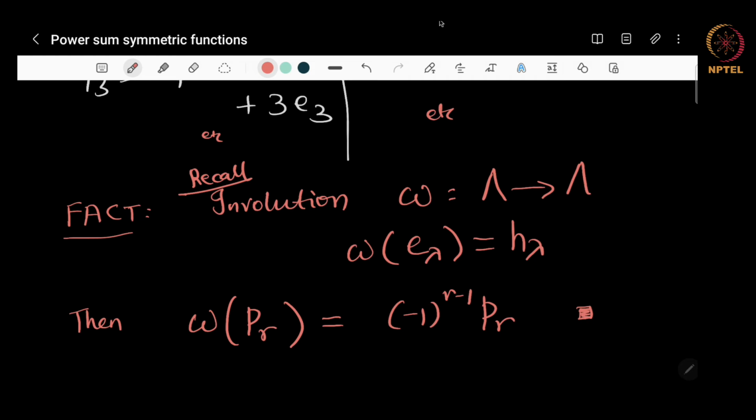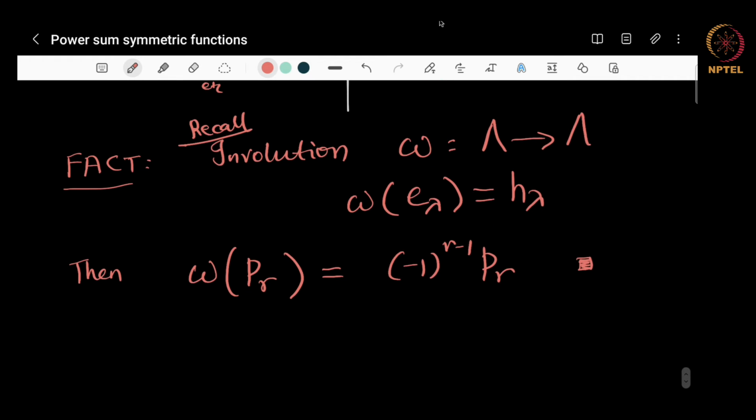The proof is just what we have said already: when you write out these two equations in terms of H and E, you see that they correspond exactly, except for this (-1)^(r-1) factor. So take one of these equations, apply the involution omega, and you will more or less get the other equation. Good, so this is the action of the involution.